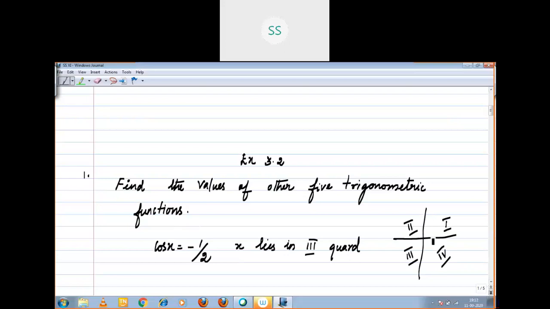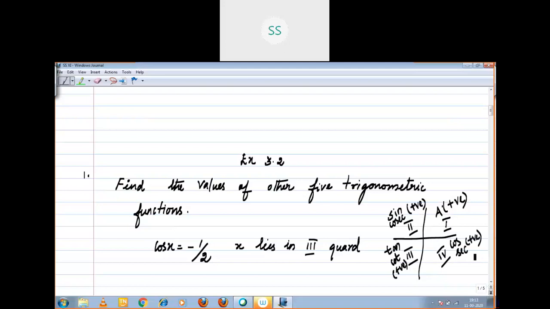In the first quadrant, all the trigonometric functions are positive. In the second quadrant, sine and cosecant alone are positive, the rest are negative. In the third quadrant, tan and cot are positive. In the fourth quadrant, cos and secant are positive.